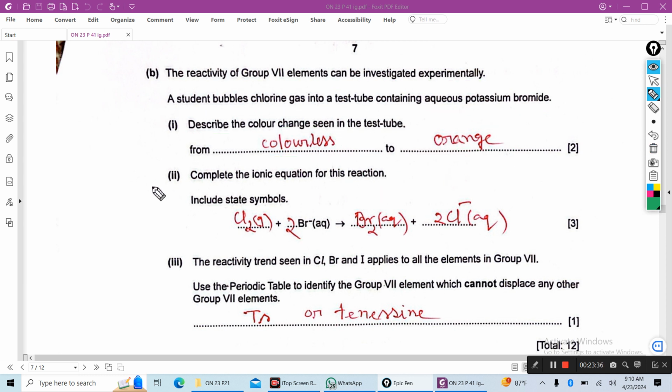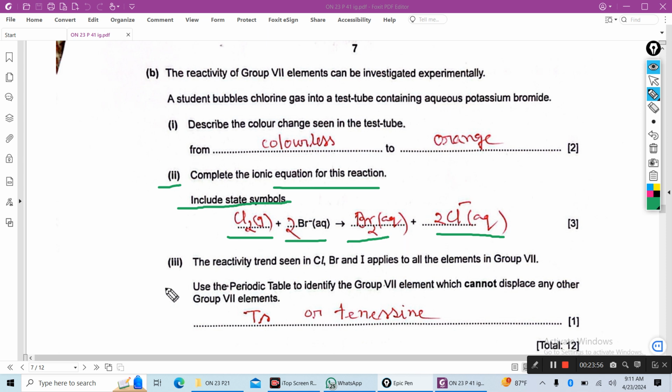Then number 2, complete the ionic equation for this reaction. Include state symbols: chlorine gas, bromide ion aqueous, bromine aqueous, chloride ion aqueous.